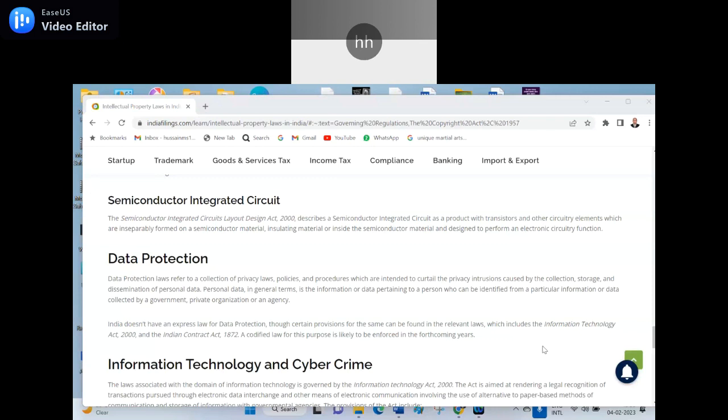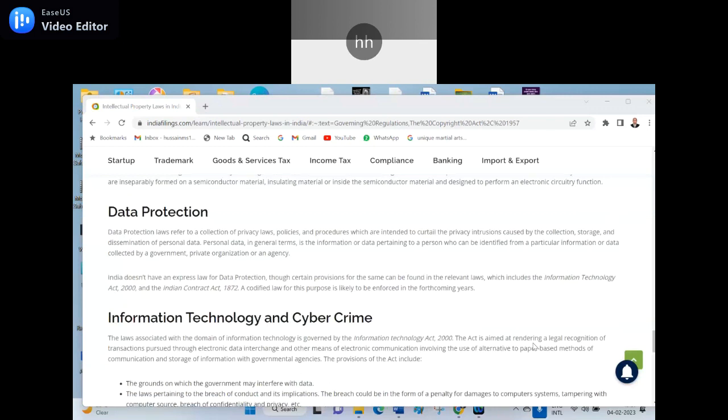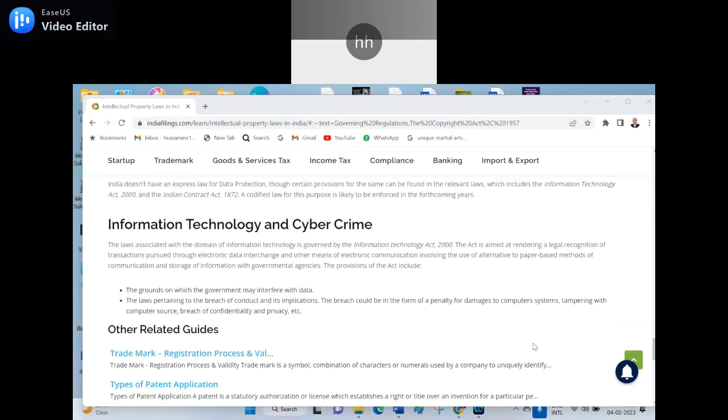Yes, now we do have the hard disk, a big hard disk like 500 or 900 GB. We are purchasing it like a laptop hard disk. We can have an external hard disk also. So information technology and cyber crimes also come under this. The laws associated with the domain of information technology are governed by the Information Technology Act 2000.